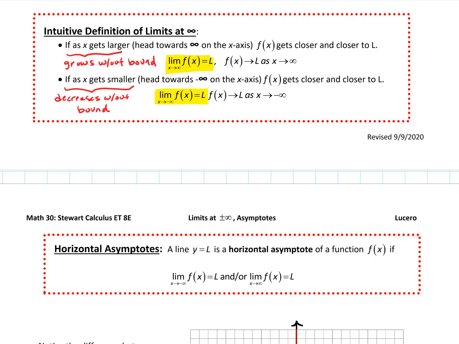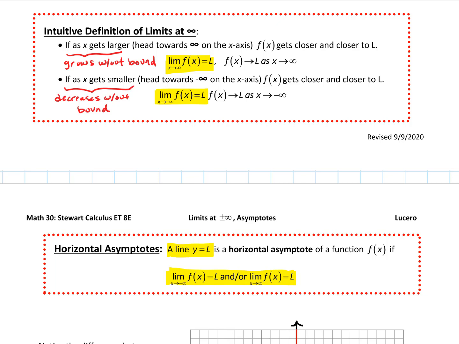A horizontal asymptote is defined to be a line y equals L if one of those two scenarios happens. That is, x increases or decreases without bound, and the function approaches L.